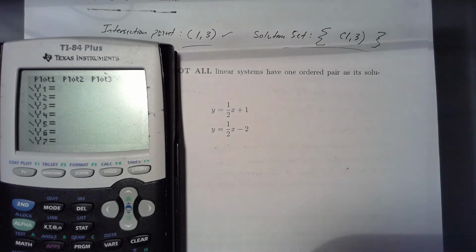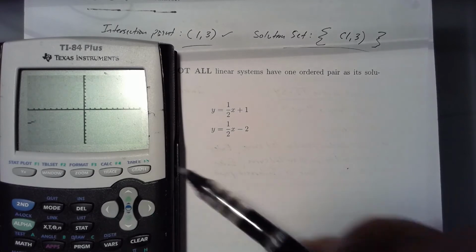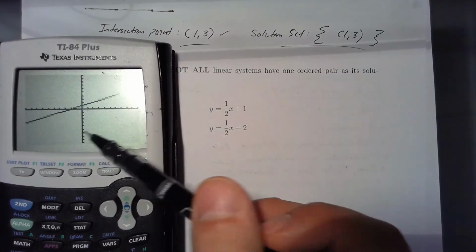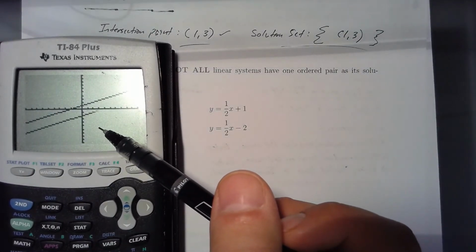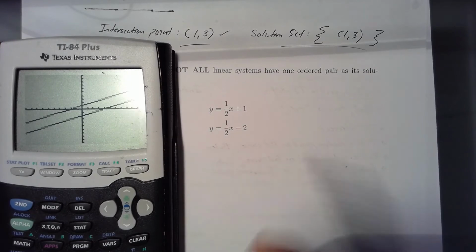What does that mean? Two lines that have the same slope are what? They're parallel. So if I graph them in my calculator, you'll see it, but these are two parallel lines. Which means what? They never intersect.